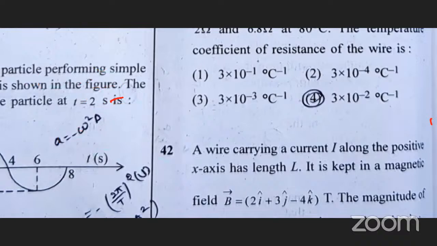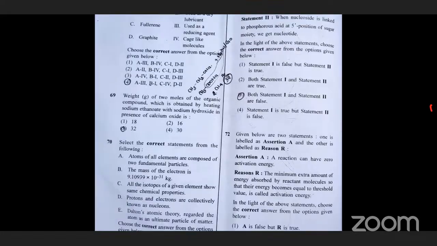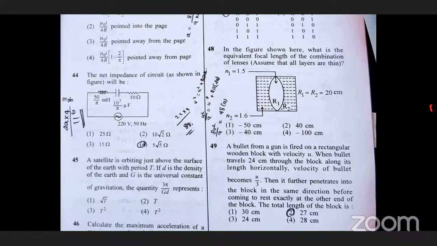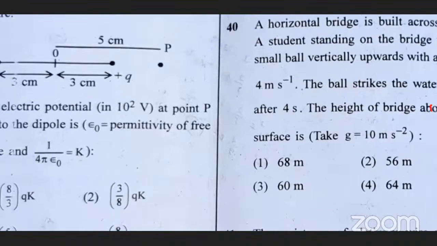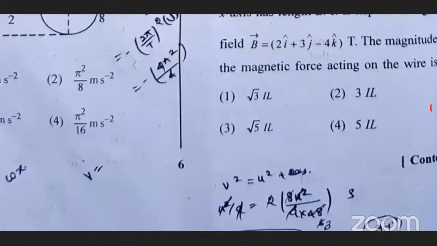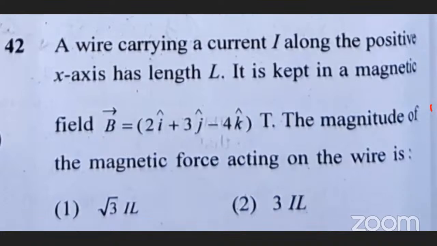The next one. A wire carrying a current I along the positive x-axis has length L. It is kept in a magnetic field B. We need the magnitude of the magnetic force acting on the wire.